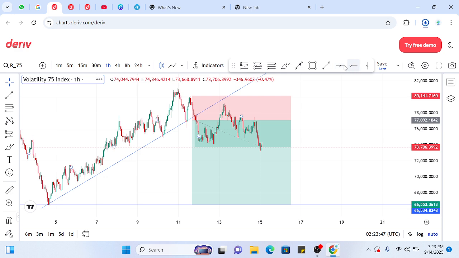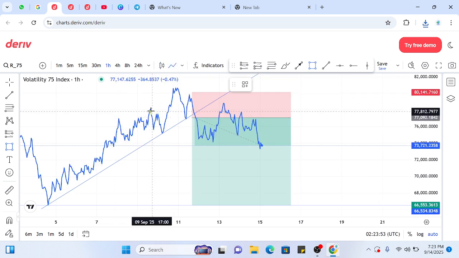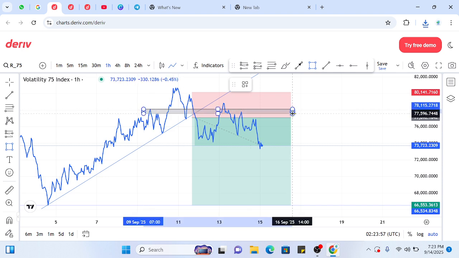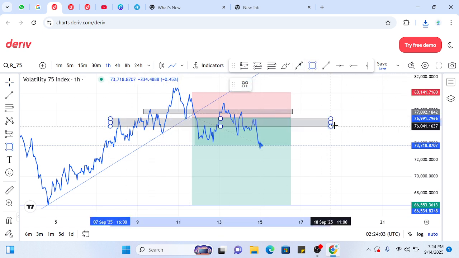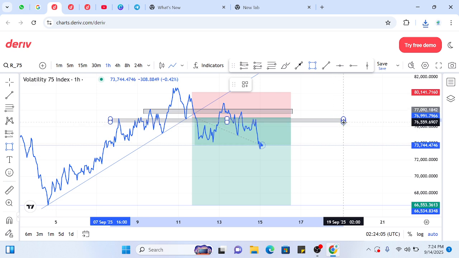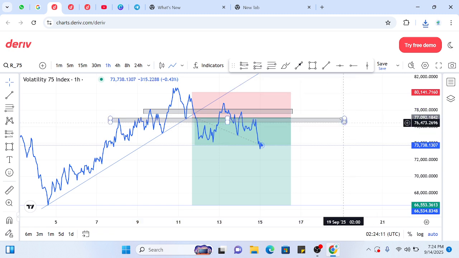Now to go further, there are levels I would consider as levels of resistance, which is this one. This is another one. This is another one.